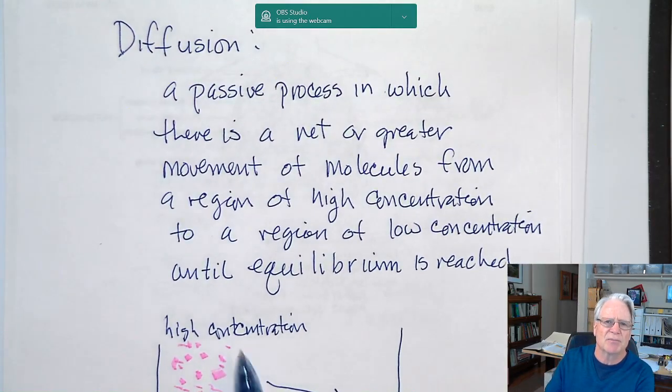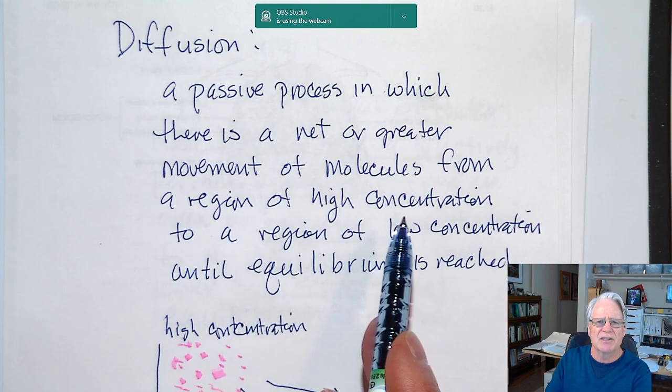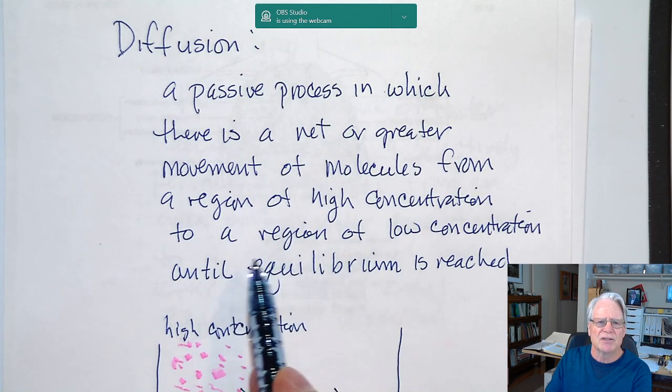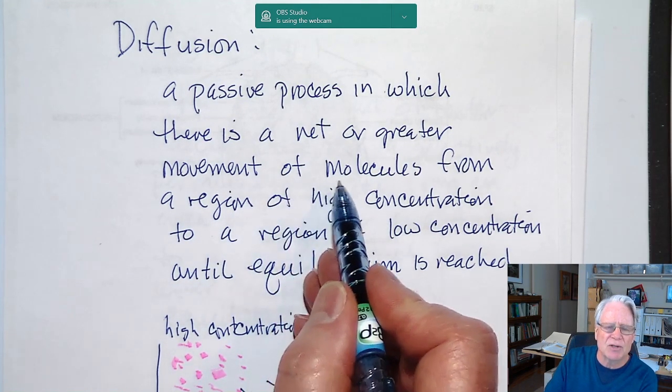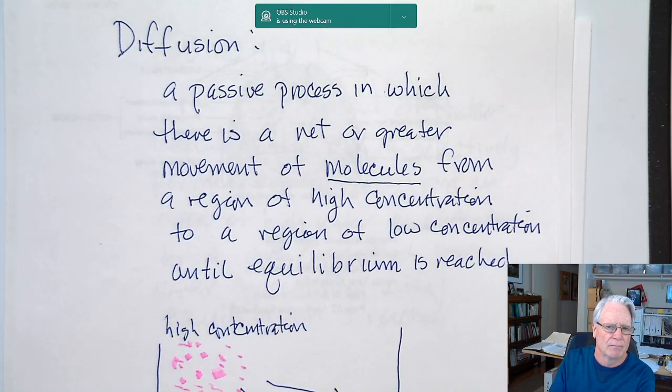So here it is, a passive process in which there is a net or greater movement of molecules from a region of high concentration to a region of low concentration. So here, there's no definition of what those molecules are. They can be anything you want, as long as there is a difference in concentration. And there is no mention of a selectively permeable membrane.